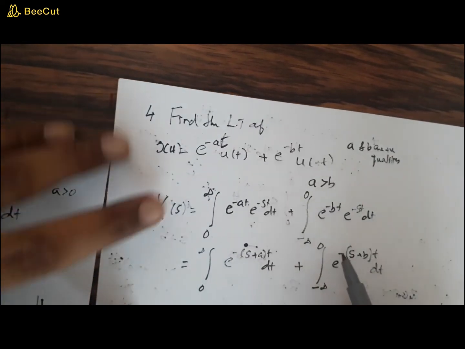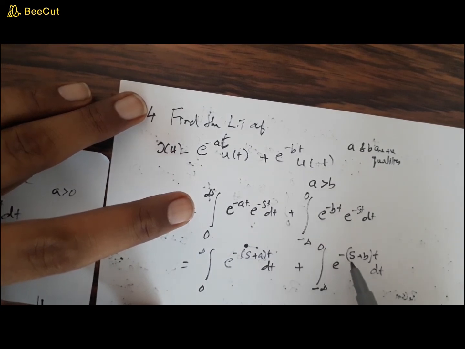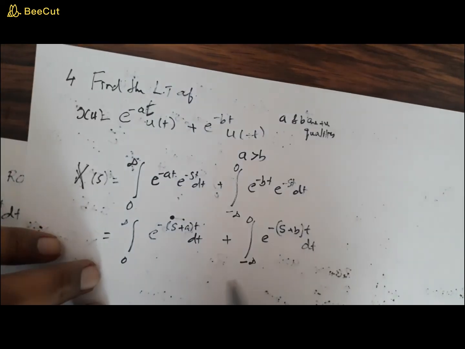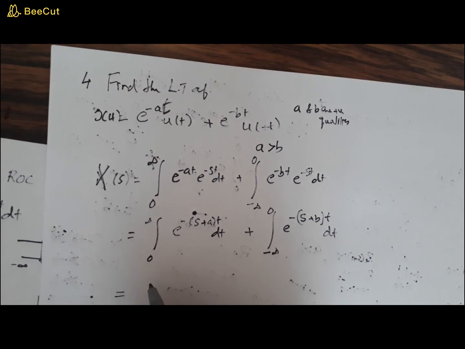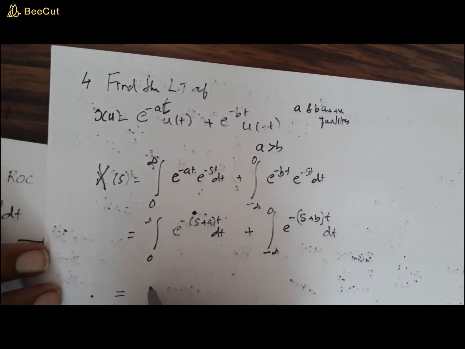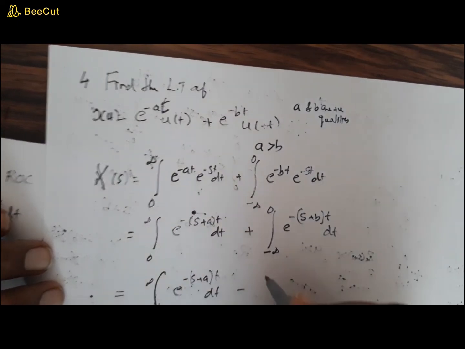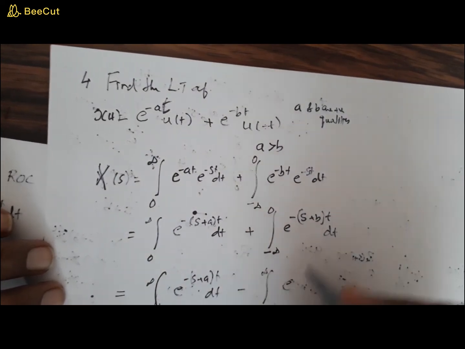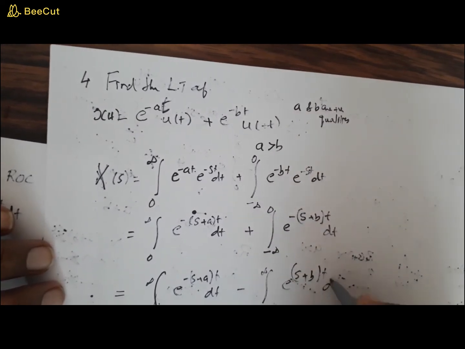Now you can change the sign by bringing this integral from 0 to infinity. So this will be the integral from 0 to infinity of e raised to minus (s plus a) into t dt, minus the integral from 0 to infinity of e raised to minus (s plus b) into t dt.